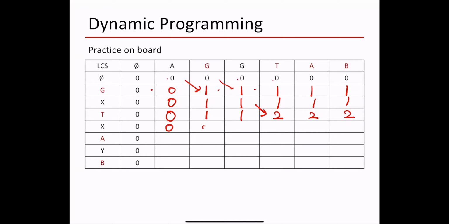X doesn't match. A, oh, match, diagonal +1. Doesn't match, bigger 1. TT doesn't match, bigger 1. Oh, it's a match, diagonal +1. Y is not appearing. B doesn't match, bigger 1. If it's a match, diagonal +1. Okay, the same result.